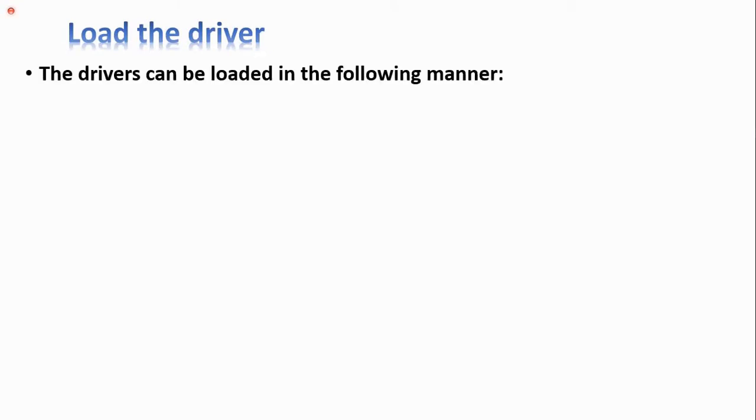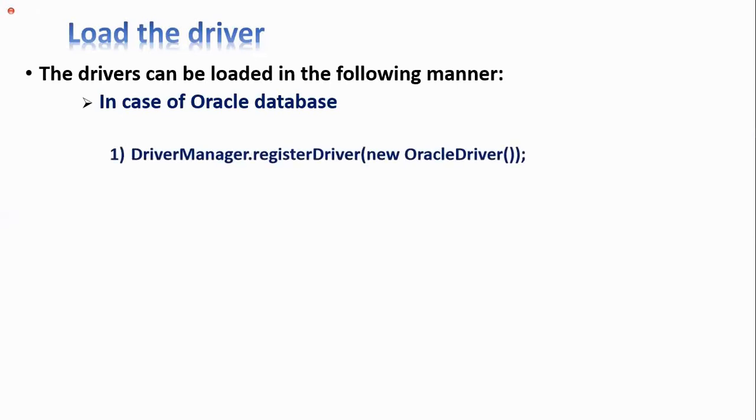So drivers can be loaded in the following manner, guys. In case of Oracle database, there are two approaches. The first approach is DriverManager.registerDriver, and I will tell new OracleDriver. In other words, I am creating a new instance of my Oracle driver, which will get registered onto my driver manager.